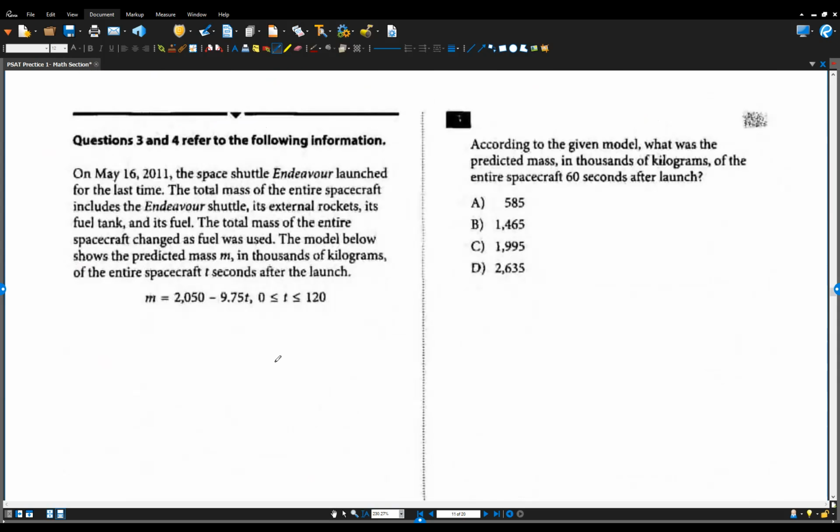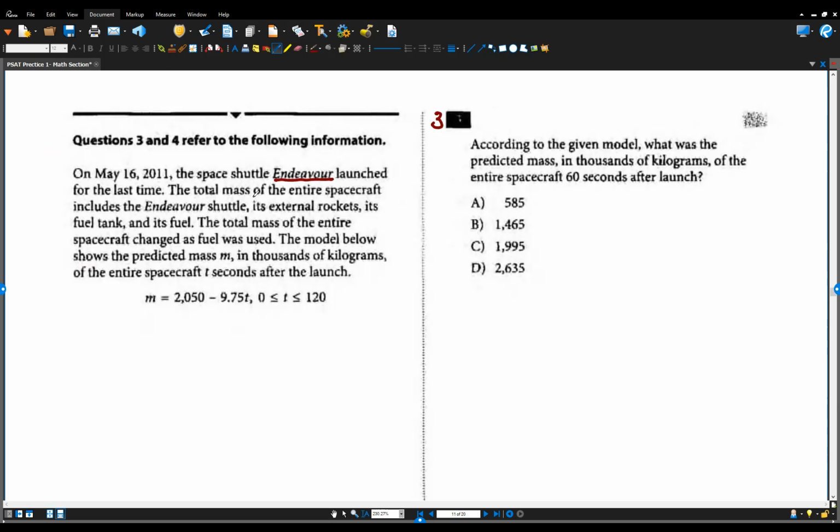All right, now take number 3 now. Okay, you guys read number 3 and try question number 3 over here, okay? The space shuttle Endeavour launched for the first time.